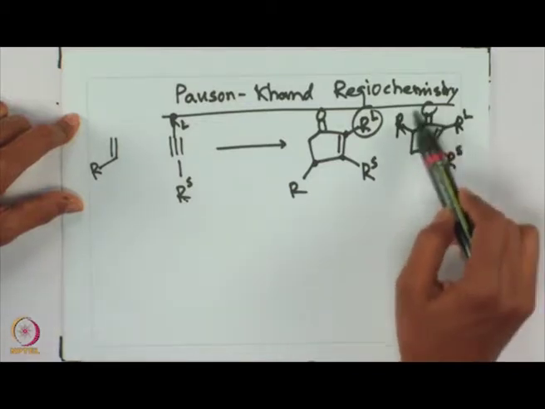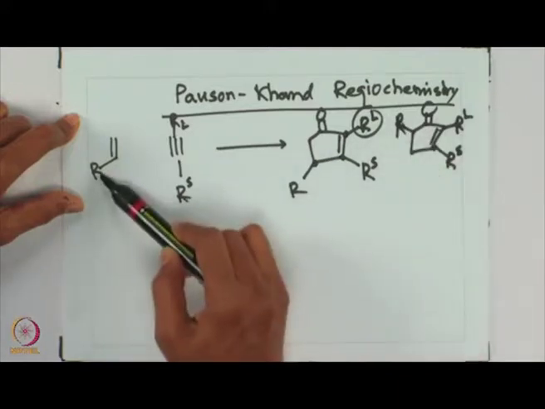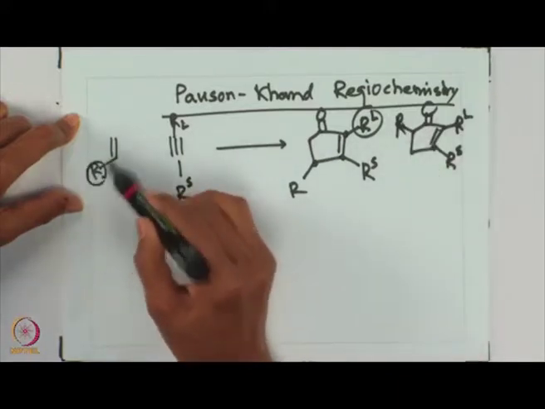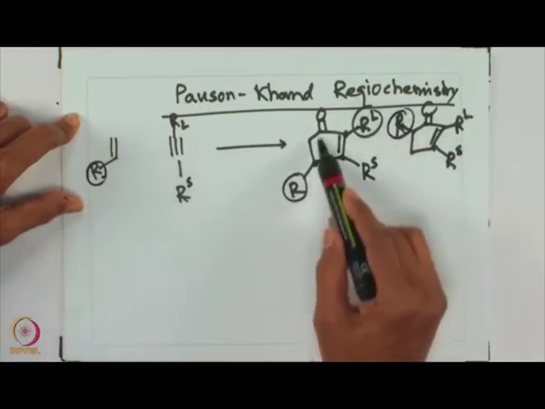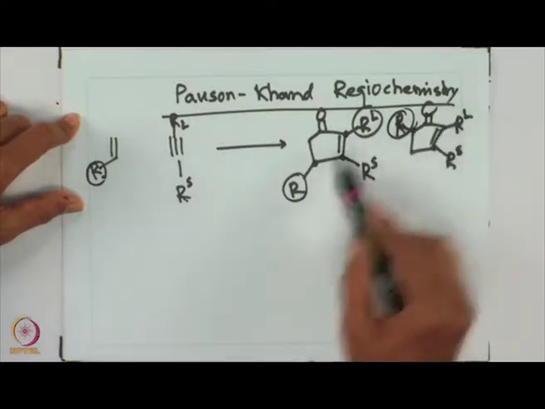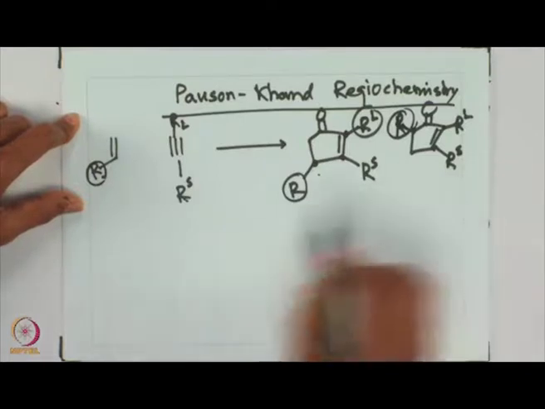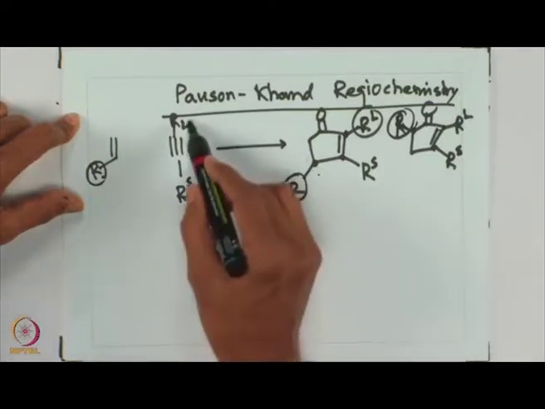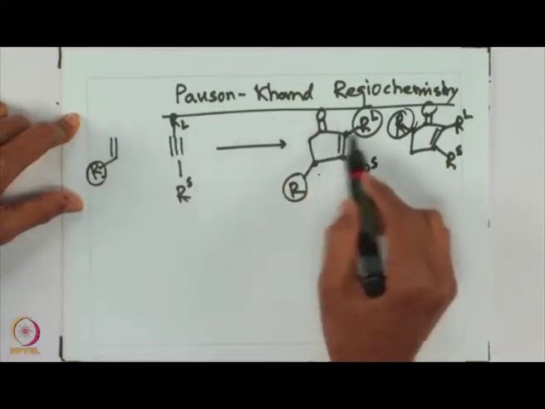far from it. Now, in this cyclopentanone, the R which is coming from this olefin can be far from the carbonyl or close to the carbonyl. These give rise to the two regioisomers. Now, as we are saying, R_L or the large substituent will always be close to the carbonyl.